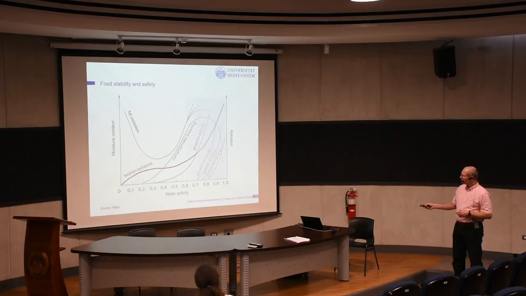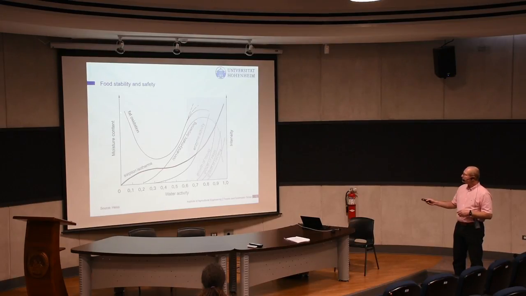Okay, but to be on the safe side, we recommend 0.6. Better to be at 0.6 because then also the enzyme activity is reduced. You see, enzyme activity is also growing here.